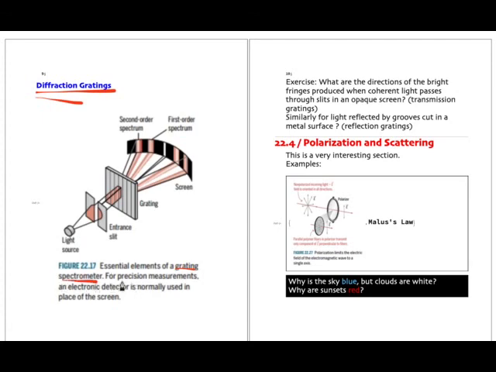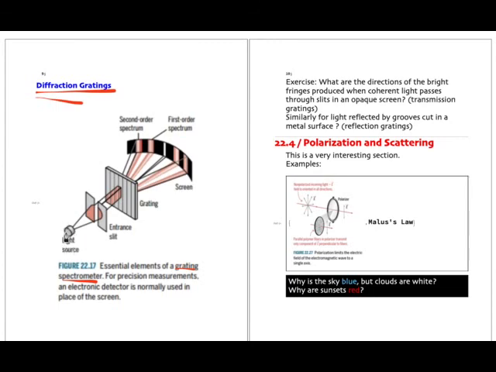For precision measurements, an electronic detector is normally used in place of the screen. So for different angles, you have a different range of bright and dark regions, each of which depends on the wavelength. So the light is producing many different wavelengths. The light is not monochromatic, the light source.